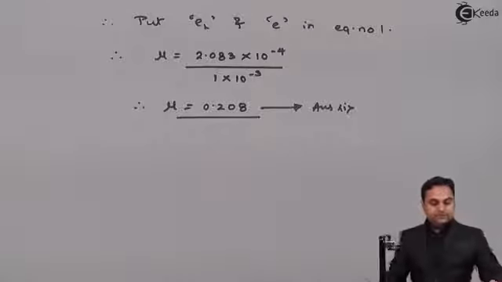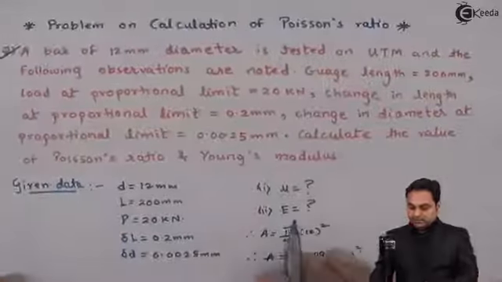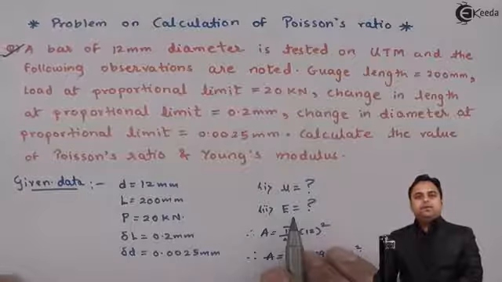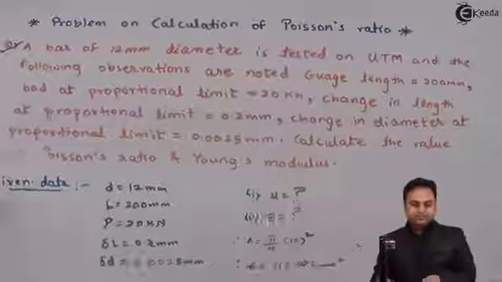Next, after getting Poisson's ratio, the second question is to calculate modulus of elasticity. Now modulus of elasticity, we will get it in the formula of delta L, which is deflection.